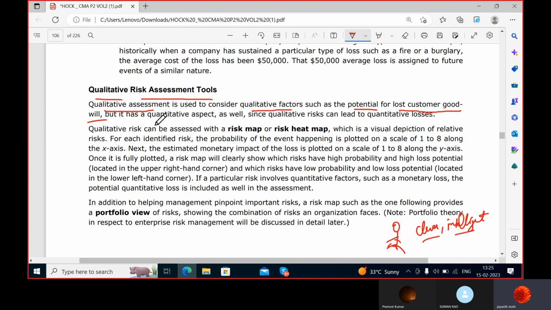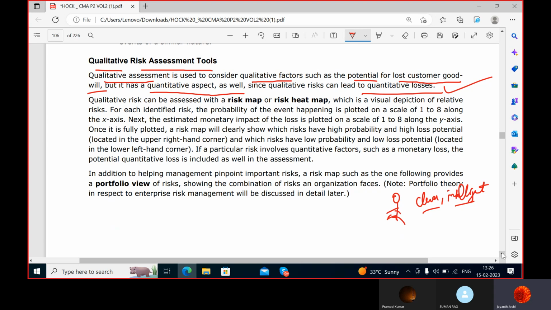But it has a quantitative aspect as well, since qualitative risks can lead to quantitative losses. See, goodwill is nothing but name and fame, and that is purely qualitative. But if there is a loss in goodwill, that can lead to loss of customers or loss to business, correct? So it is a very important aspect. We should consider this factor as well to study the risk.